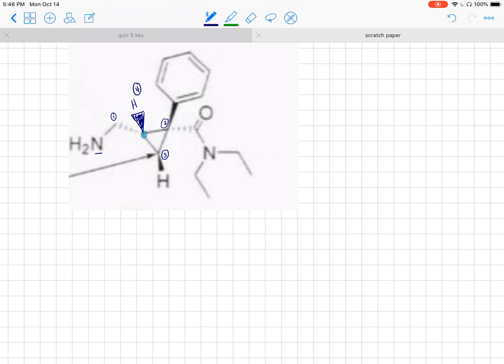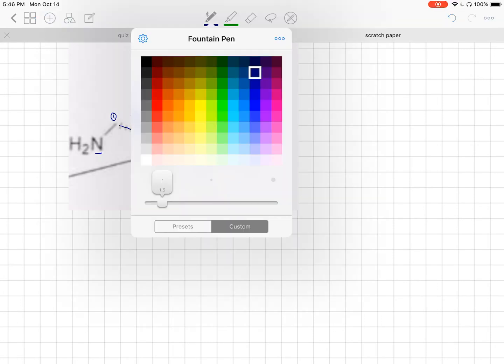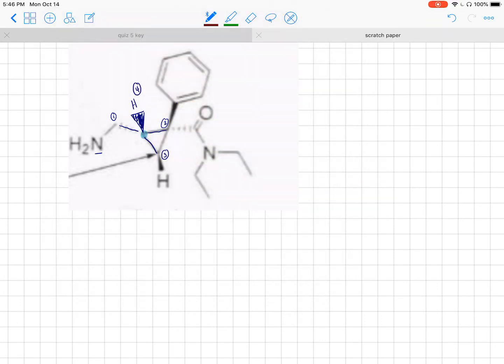So we've got 1 on this line, 2 on this line, 3 on this line, and 4 on this line. So that means that the arrow from 1 to 3 goes like this. So at this point you would think that that would be an R configuration because that's the way an R goes, but since the 4 is coming out of the page, it's going to have the opposite configuration. So it's actually going to be an S configuration.